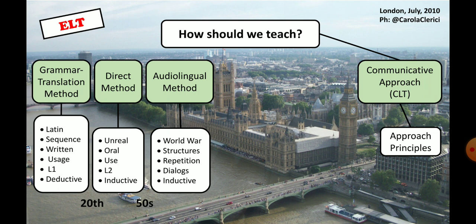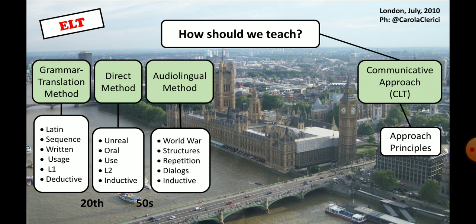In the 50s, more or less, the audiolingual method emerged, especially when they realized that people were not being able to communicate. This came together with world wars because a lot of people needed to communicate and they couldn't. At this time, there were two very strong theories, a linguistic theory, structuralism, and a psychological theory, behaviorism, that influenced this method.